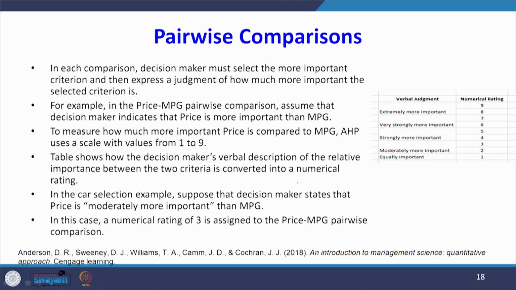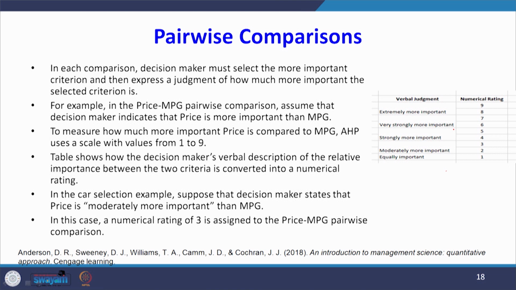To measure how much more important price is compared to miles per gallon, AHP uses a scale with values from 1 to 9. The table shown on the right hand side shows the decision maker's verbal description of the relative importance between 2 criteria converted into a numerical rating. So, first you have to see which is more important, then how much more important, and that numerical value has to be picked from the table on the right hand side.